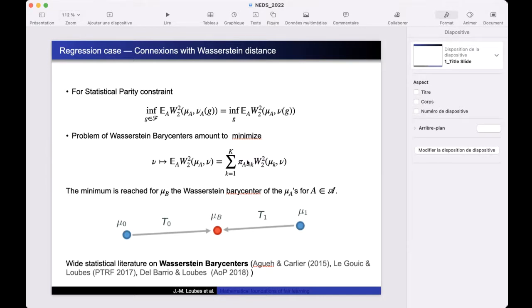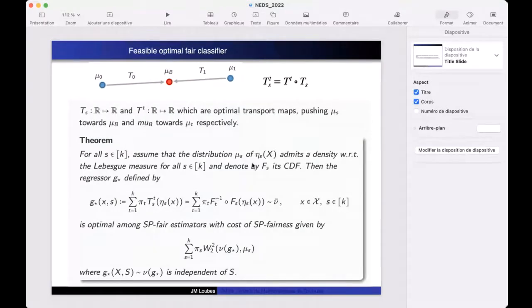The Wasserstein barycenter was invented by Agueh and Carlier in 2015. They gave conditions to ensure the existence and uniqueness of this barycenter, and now I can provide a feasible way to construct my best fair regressor.